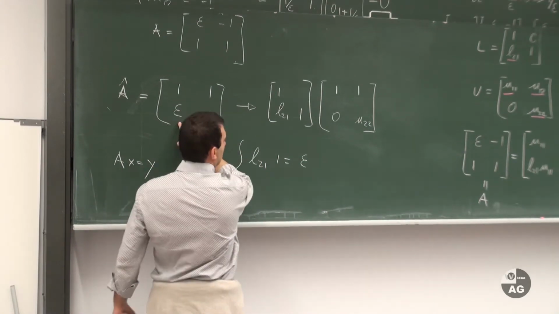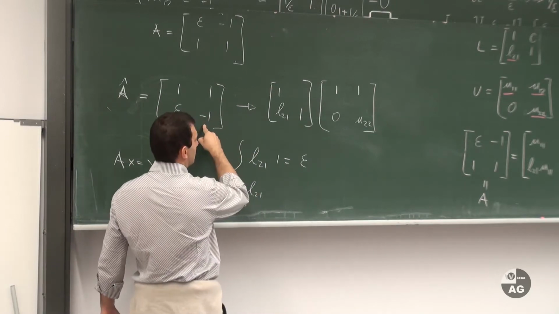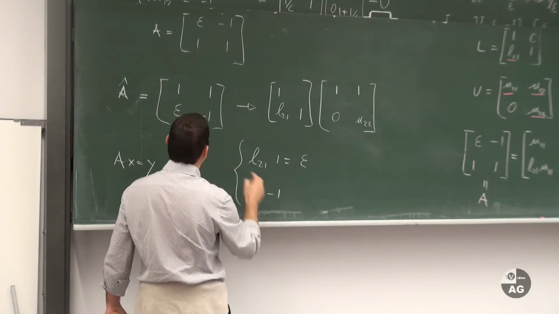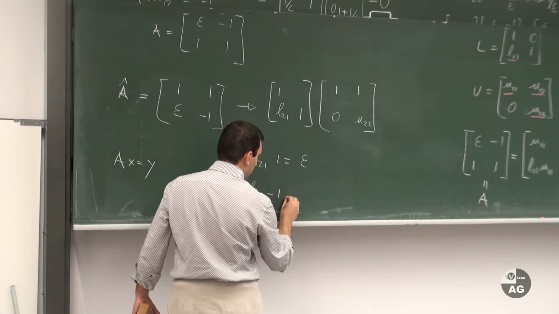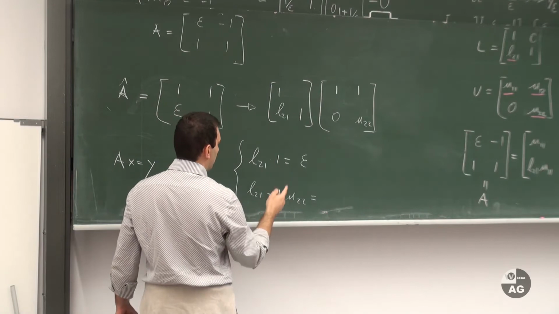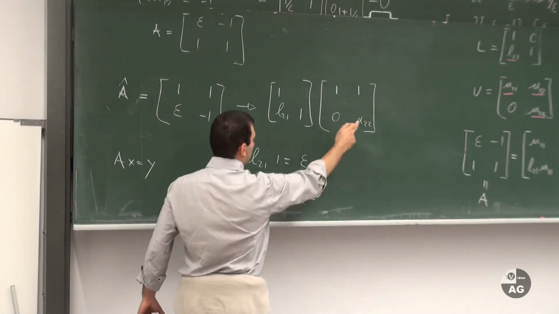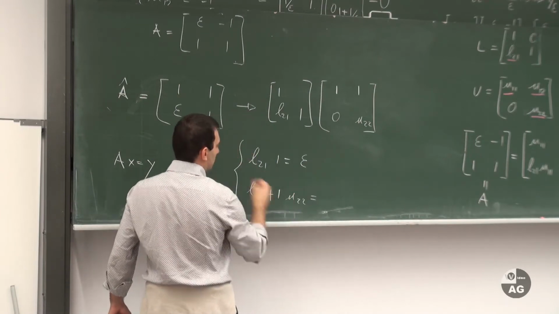And we know that L21 times 1 plus minus 1 times U22 equals, oops, that's a plus, equals minus 1.